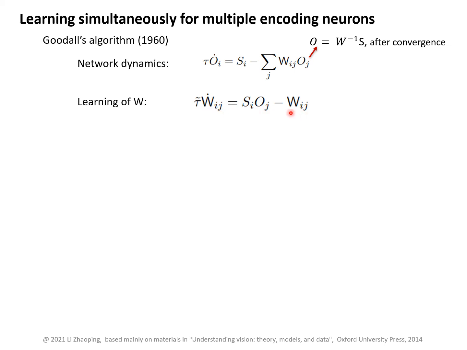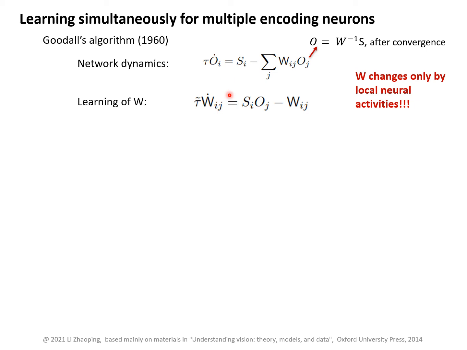And the change also depends on the weight itself. So all of these are local. Therefore, this learning rule only depends on local activities, with these quantities really in the neighborhood of Wij, the changing weight itself.